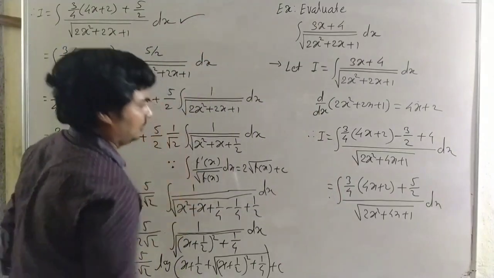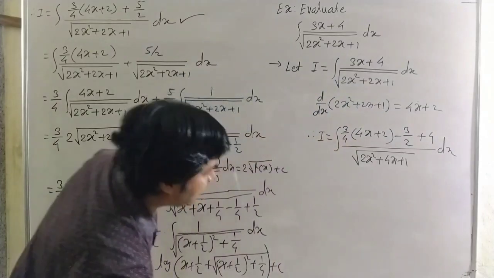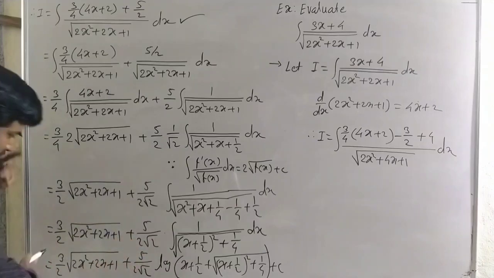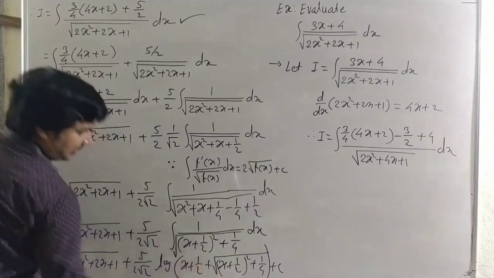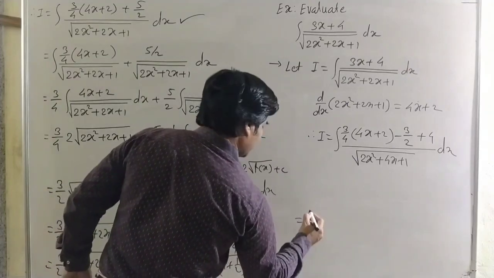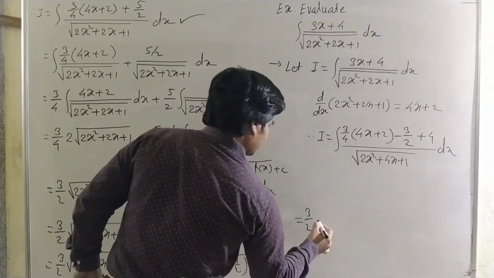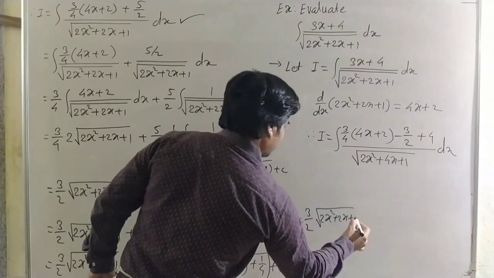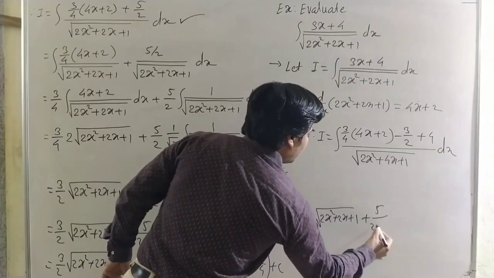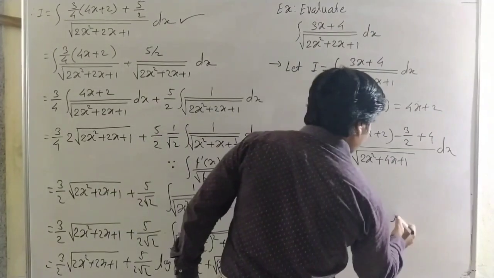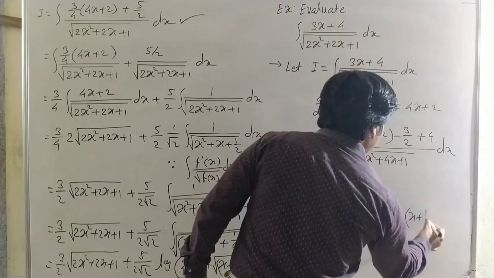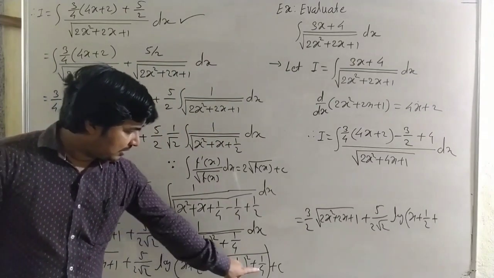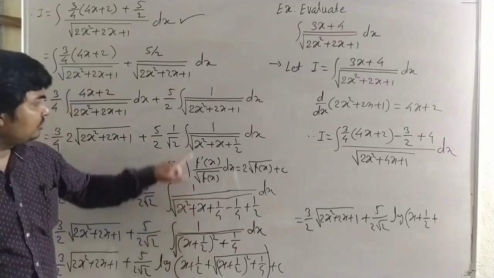Here this step becomes this, and we can directly write the last answer of this problem. Last answer, here we expand this. We can write here last answer: 3 by 2 under root of 2x square plus 2x plus 1, plus 5 upon 2 under root 2 log of x plus 1 by 2 plus under root x square plus a square, it is equivalent to this.